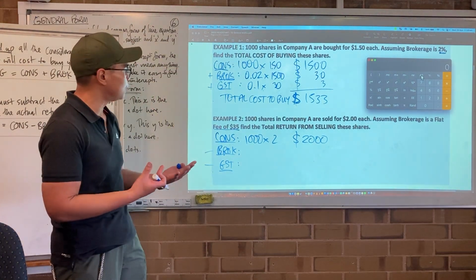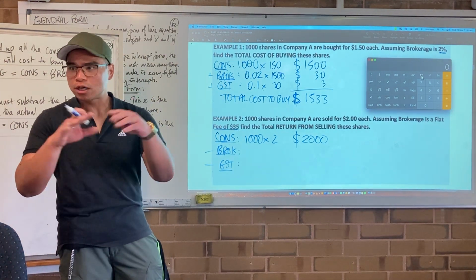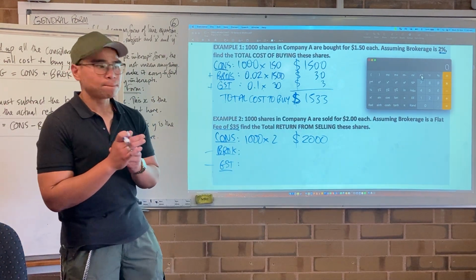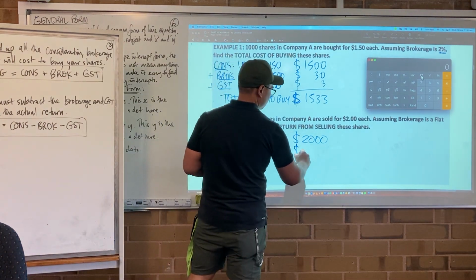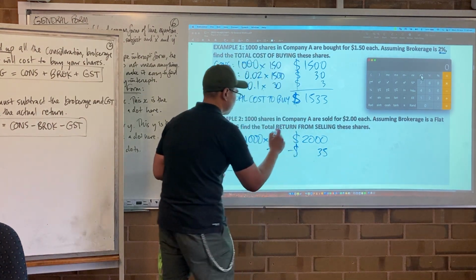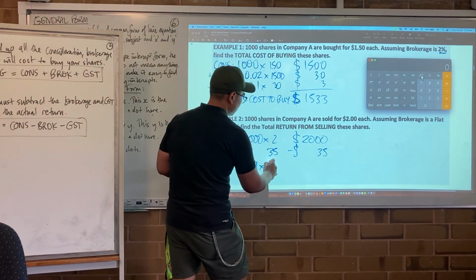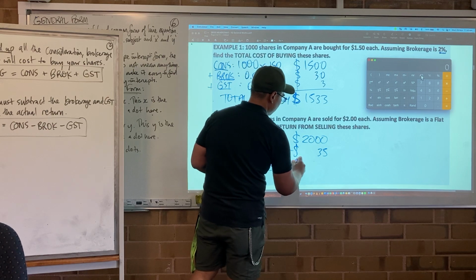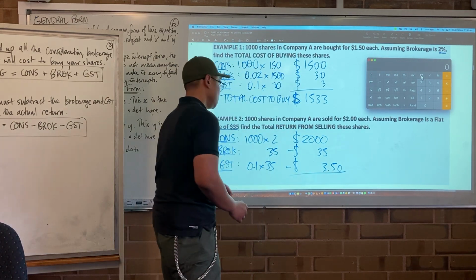Is that app or person charging a percentage, or are they charging a straight number? A flat fee, 35. So I can literally just drag that over. I'm taking 35. And GST is 10%, 0.1 times by 35. So take away $3.50.